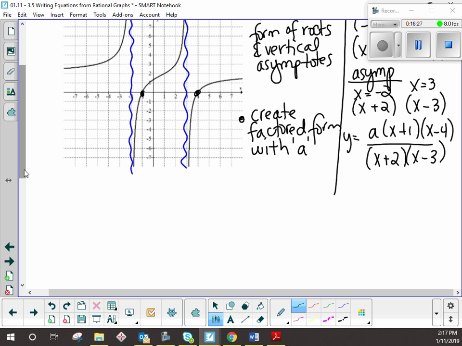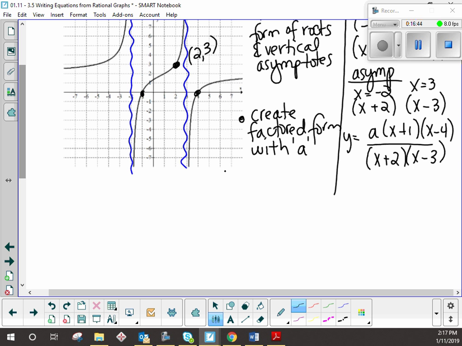So in order to figure out what A is, I need to plug in a point and solve for it. Right? So what we always try and do is find a pretty point. Your homework will have a pretty point already specified for you. In this problem, we're going to use 2, 3.